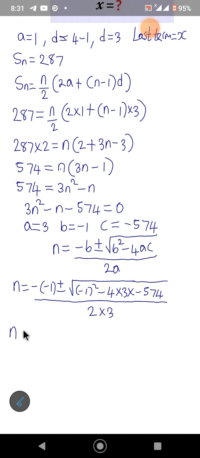So we continue. n will be equal to minus times minus here will become 1, plus or minus the square root.